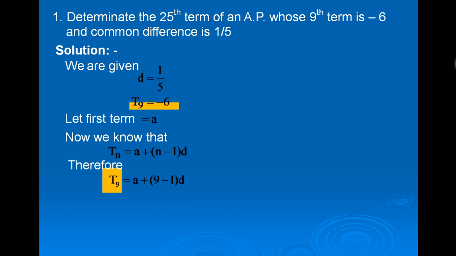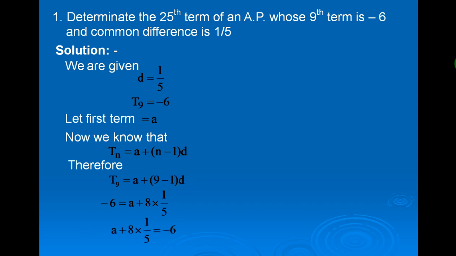Now T9 is equal to -6, we are given, and D is equal to 1.5, it is also given. Therefore, -6 is equal to A plus 8 into 1.5, as 9 minus 1 is 8 and the value of D is 1.5.